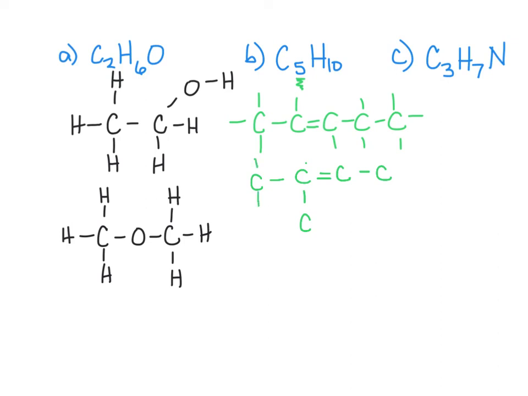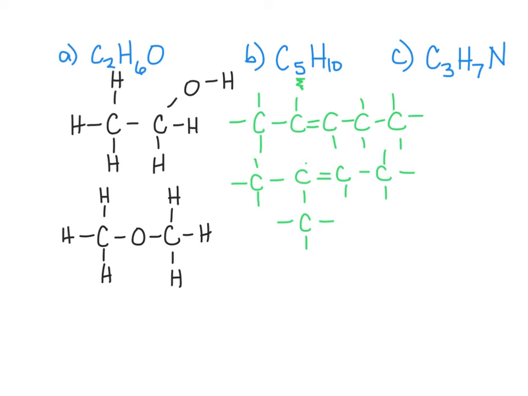So then I've got 1, 2, 3. That carbon has 4 bonds, so it's not going to get any hydrogen. 4, 5, 6. Now this one's got 3, so 7, 8, 9, 10. Again, you may have a couple other different options, but those are 2 options for C5H10.